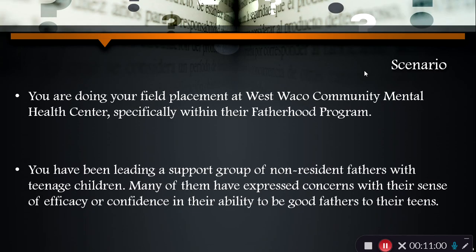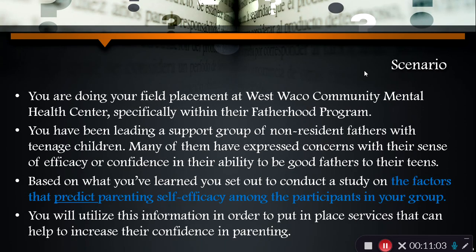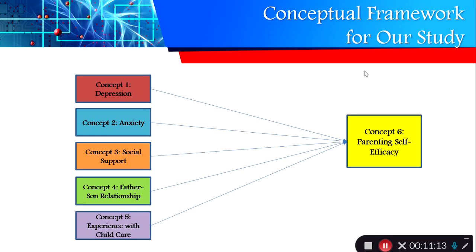So here's our case study, and I'm not going to read through it, but I'm just putting it before you once again so that you know and understand that we're continuing to draw on this scenario even within our discussion of experimental research designs. So here's our conceptual framework, and as you know, these are the 5 variables that we were looking at over the past few lectures.